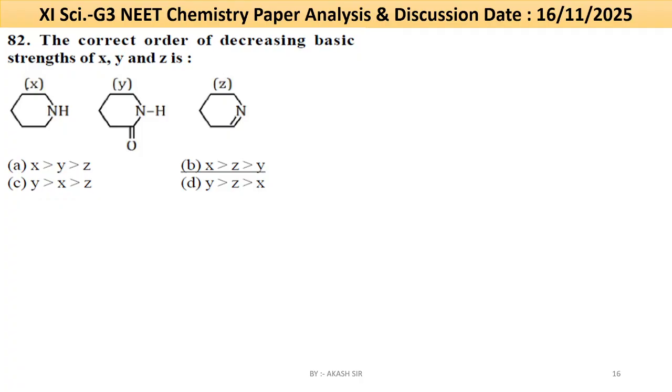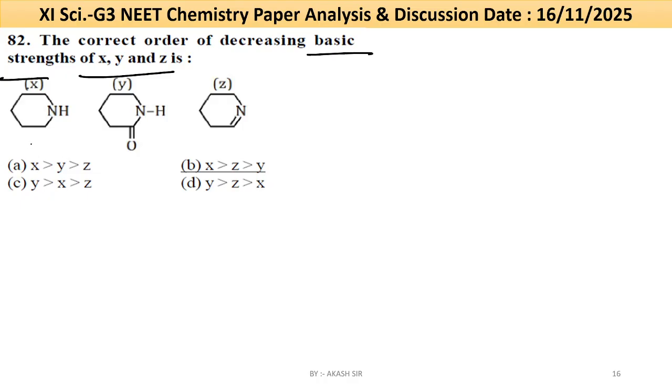Now question number 82. The correct order of the decreasing basic strength of the compounds X, Y and Z. To determine the correct order of the decreasing basic strength of X, Y and Z, let's analyze the structures given below. X is piperidine, a saturated 6-member ring with an NH group.